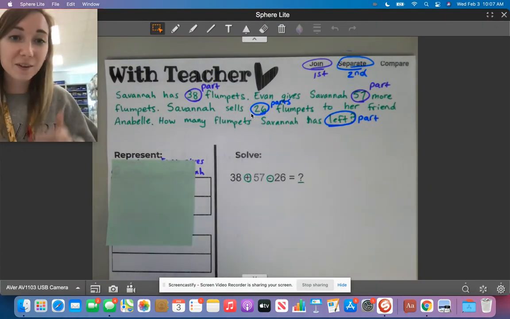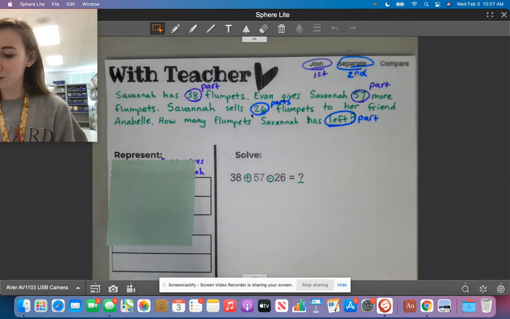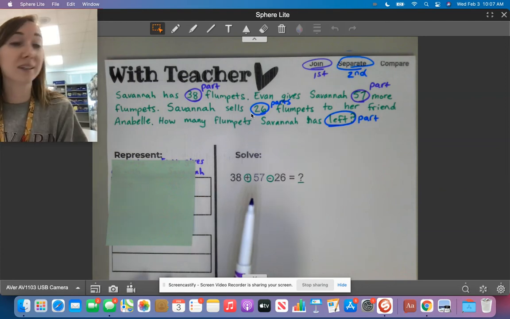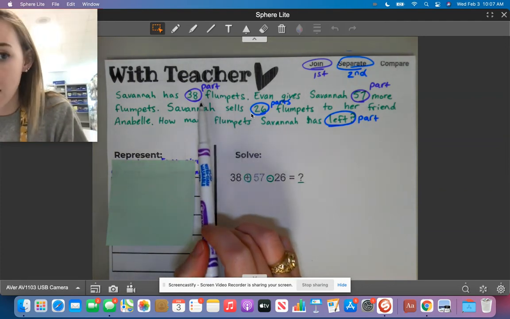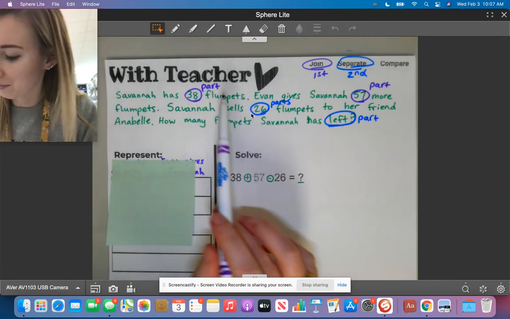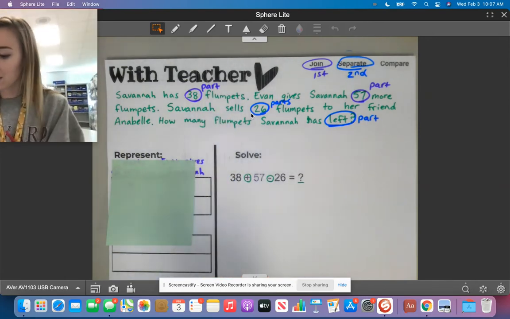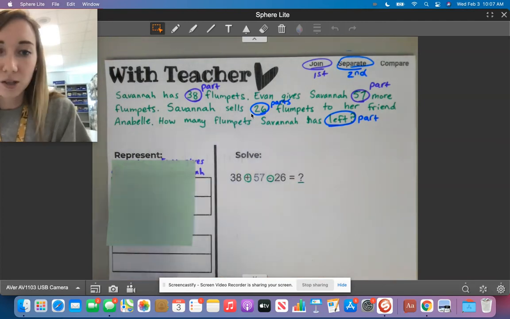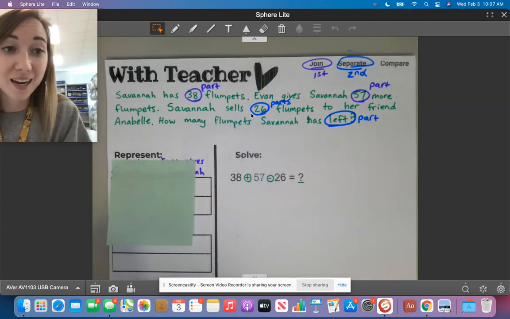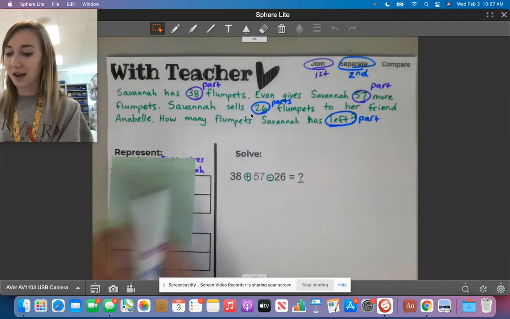All right, so hopefully you made your strip diagram, but let's think about it real quick. Oops, sorry, someone walked in and kind of broke my train of thought. Okay, so how many parts do we need in our first strip diagram? What do y'all think? We need 2 parts in our first strip diagram, right?